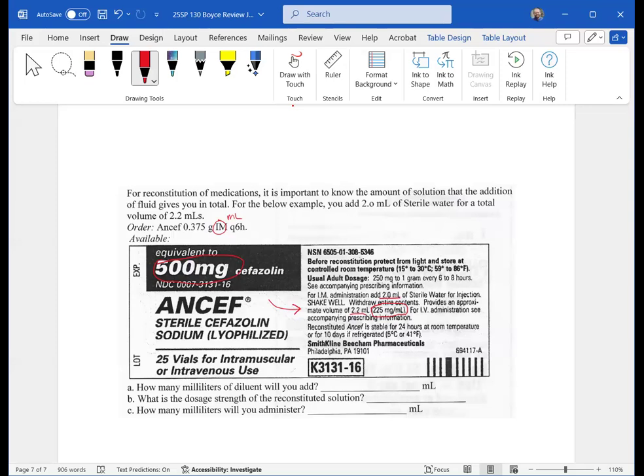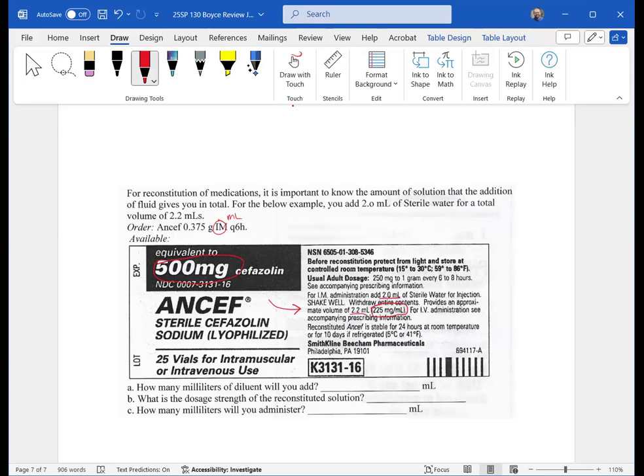I just want to double check that. So I'm going to take 500 divided by 2.2, and actually you get 227.27 repeating. So you can see that they even do estimates when they give you these things. But you want to use what's clearly stated on the label. Okay, so that 225 milligrams per milliliter.